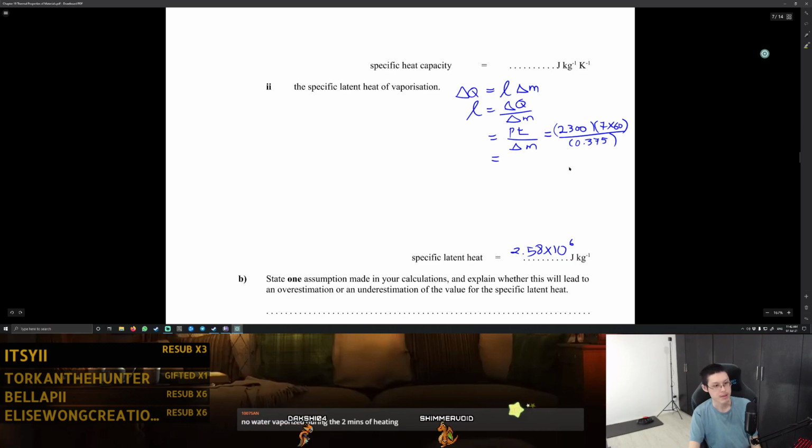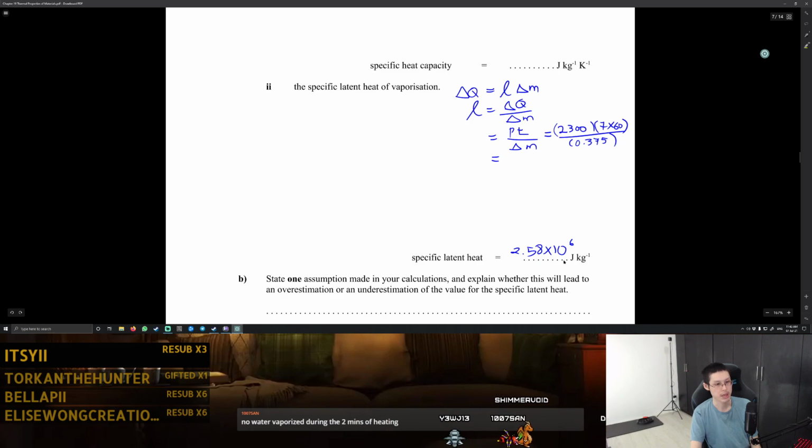Yeah. So I think the only assumption that you can make is that there's no heat loss to the surroundings, and that would affect this L here. So the actual value: you imagine you put in 10,000, but only 9,000 goes in. 1,000 is lost, which means the actual value should be lower. So this guy should be lower, which means L is lower.